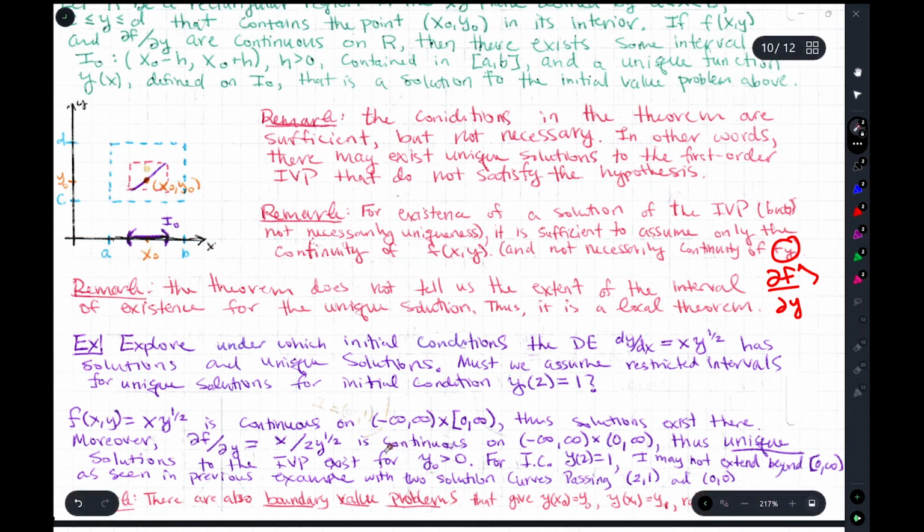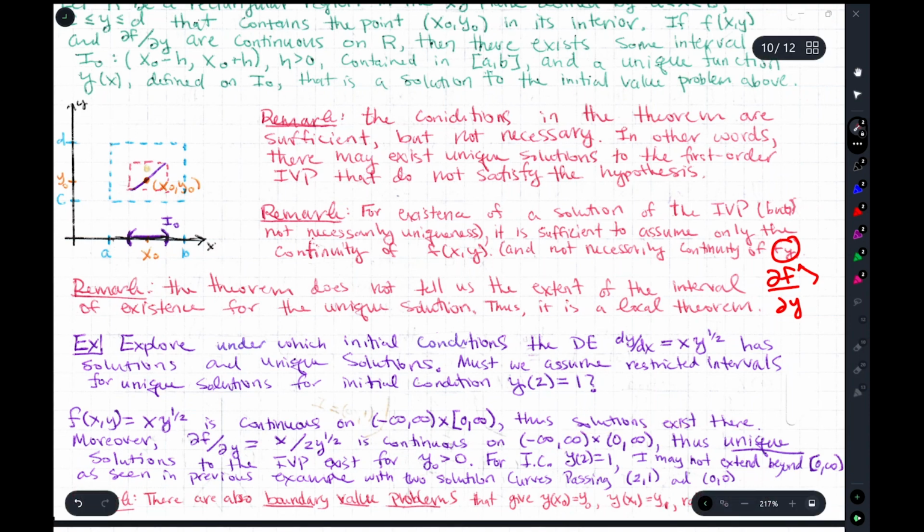It's continuous for x from minus infinity to plus infinity, and for y from 0 to infinity. Okay, y can't be negative because you're taking a square root. So f is continuous in that rectangle, which is basically the whole upper half plane, including the x-axis.